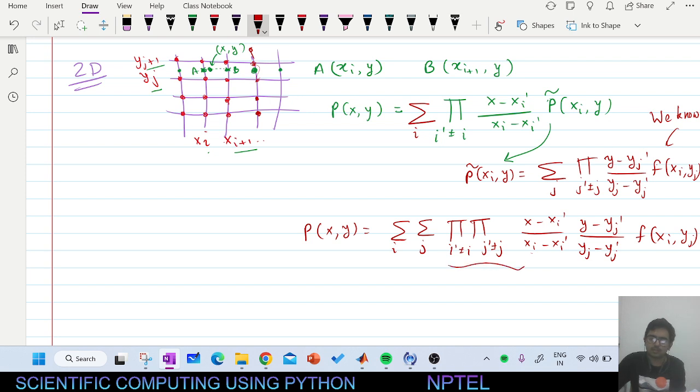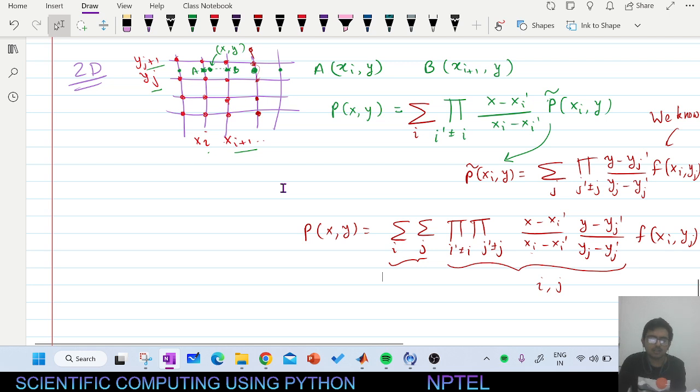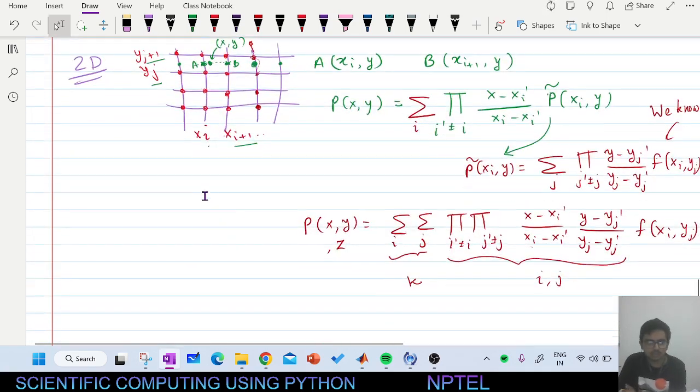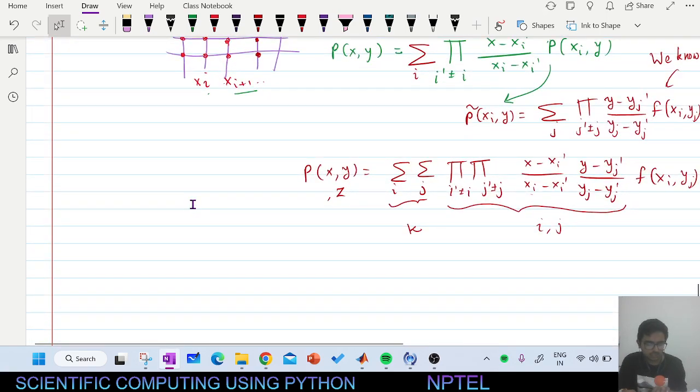So this is a coefficient for i comma j, and then you sum over all i and j. So it's the same thing. If you have 3D, then you have another index k, another multiplication here, and then z minus zk, etc. So if you can do it in 1D, you can do it in any dimension. Alright, is it clear?